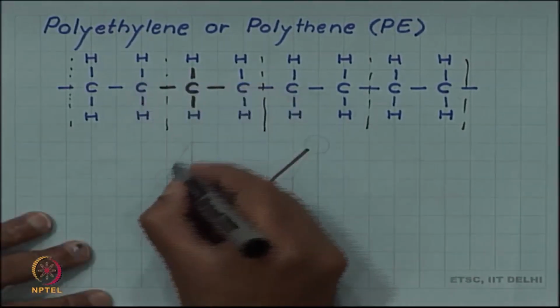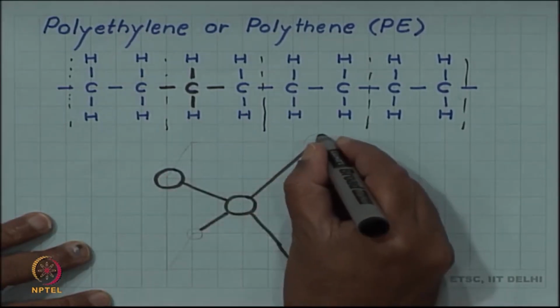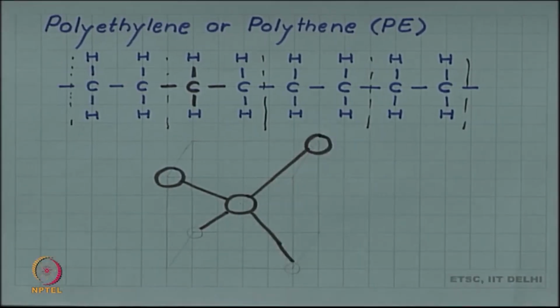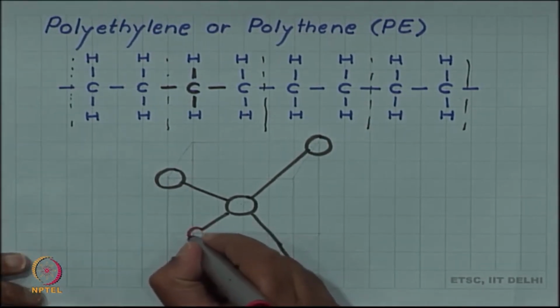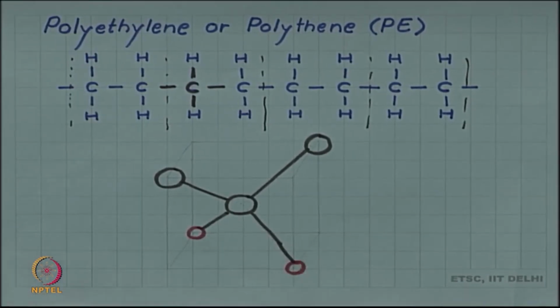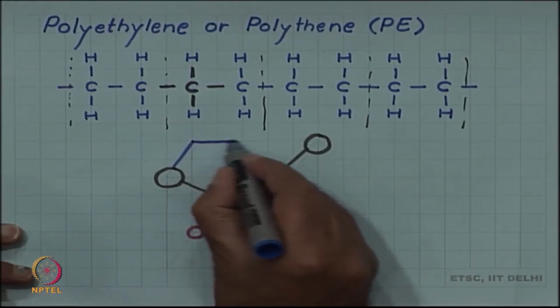So, 2 of the bonds are connected to carbon atoms, and 2 are connected to hydrogen atoms. Let me show the hydrogen atoms in red. These two are connected to hydrogen atoms. And let me complete the outline of the reference cube. So, this is the reference cube.